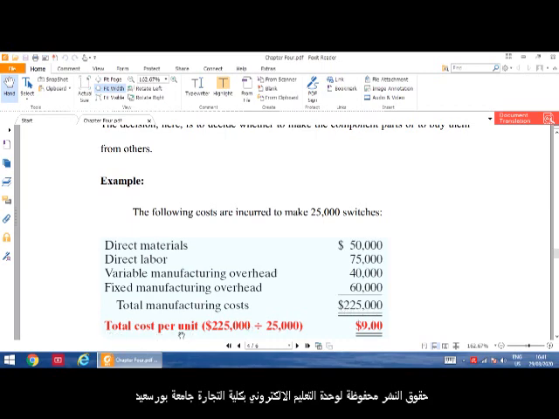Total cost per unit: $225,000 divided by 25,000 switches equals $9 per unit. So total cost per unit will be $9. These costs are incurred when we make 25,000 switches.